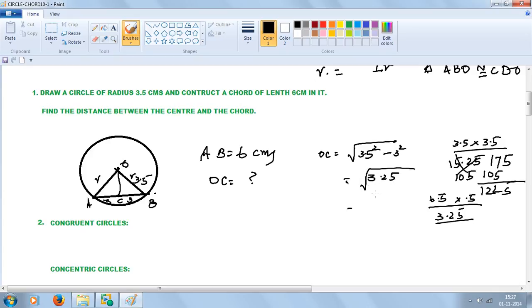So root 3.25 is the answer. If we have a table, we can find out the roots. The actual root we can find out. Okay, we try to find out the root. 1 point, so we put 1.